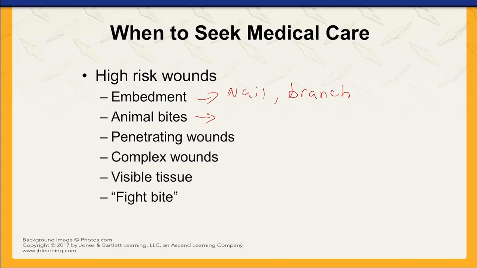Animal bites, and actually not even just animals, but human bites too. Both animal and human bites are also high risk. Why? Again, there is a risk of transmission of pathogens.